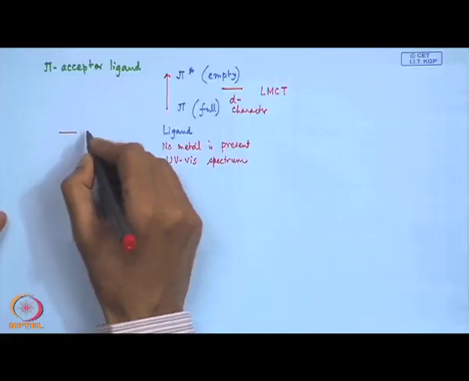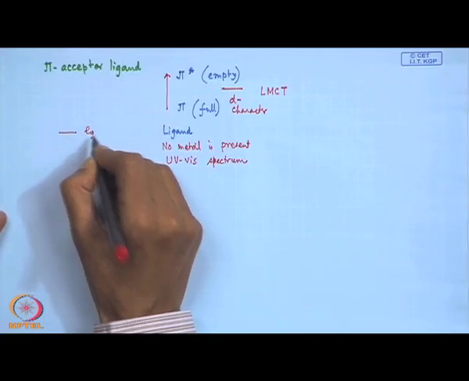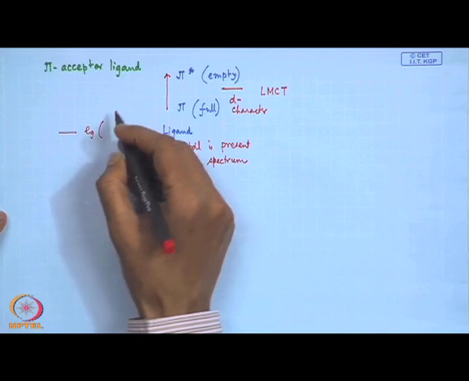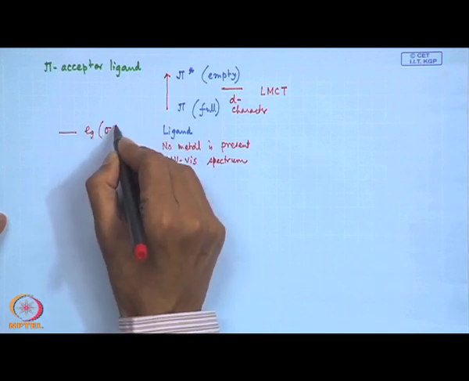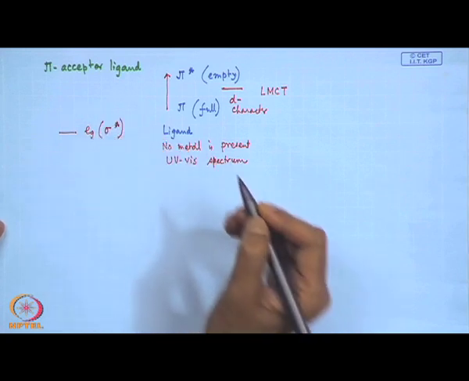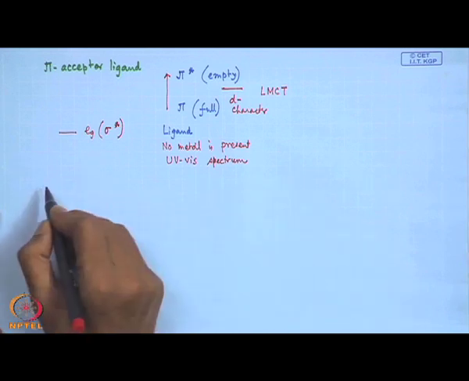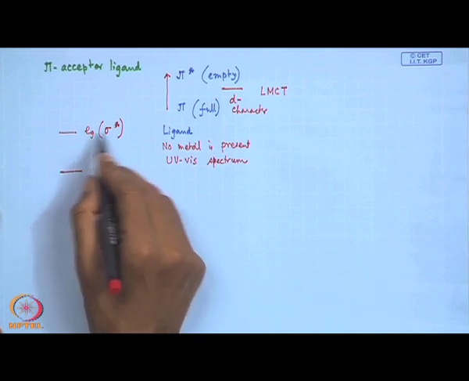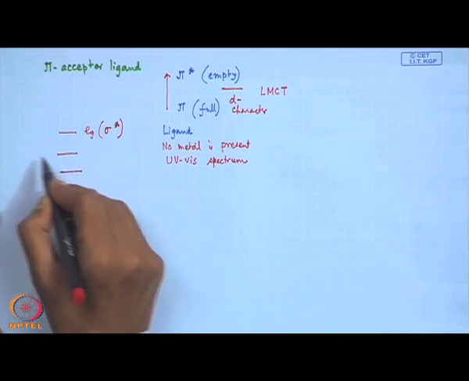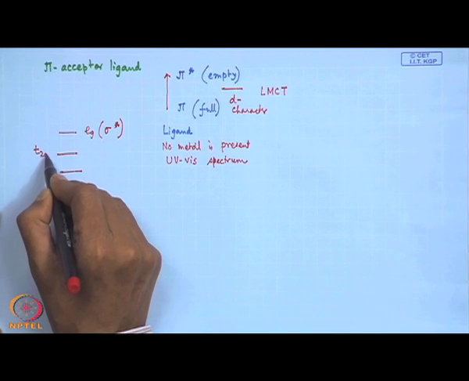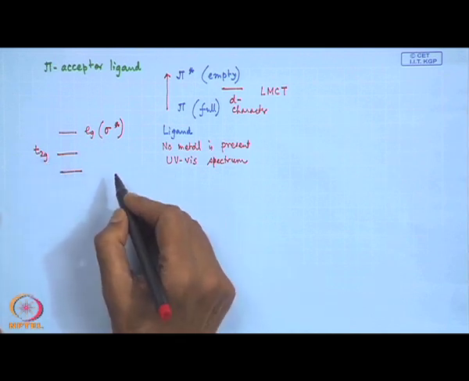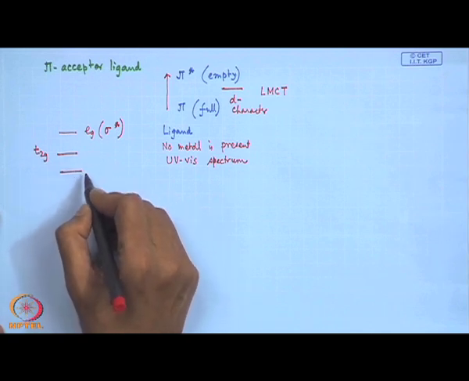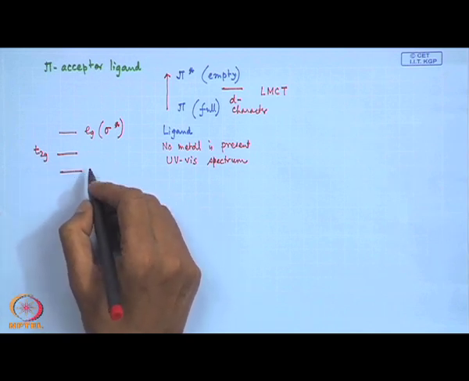The corresponding level which we can designate as the Eg can be considered as the sigma star level, and we can have the corresponding metal T2g, which is not interacting with the ligand and remains as the non-bonding level for this 3d6 system.